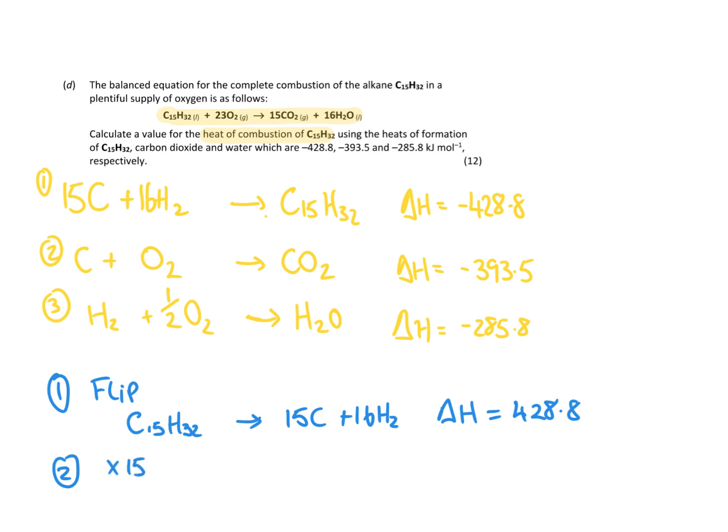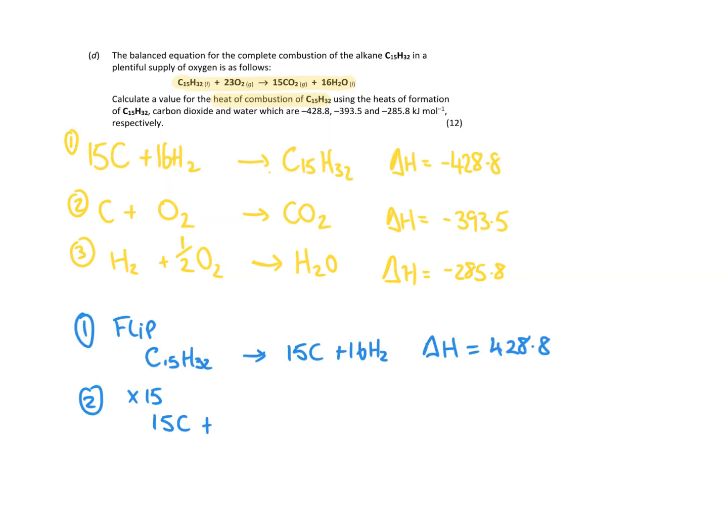That will give me 15C plus 15O2 to give me 15CO2. Now, because I have multiplied the equation by 15, I must multiply my heat value, or my delta H, by 15. That gives me minus 5,902.8.